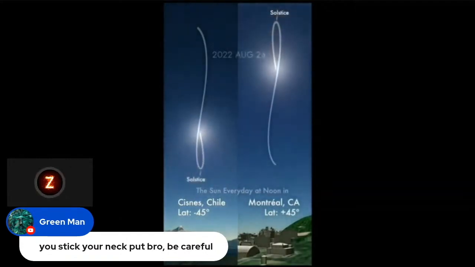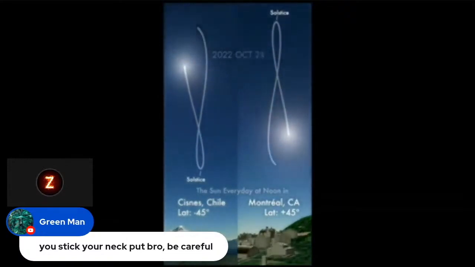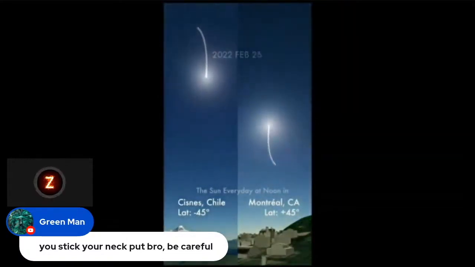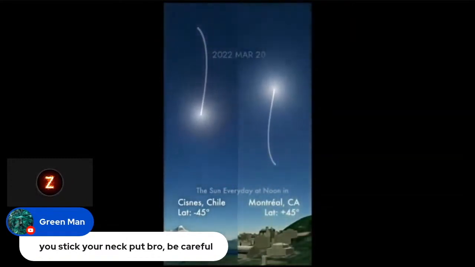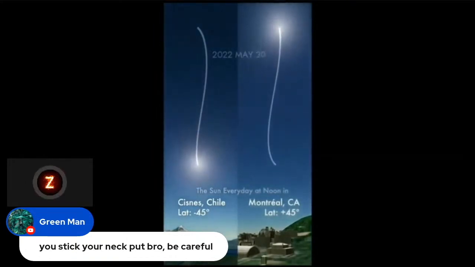Why is it inverted? You need to give me your theory, and then you tell me that, well, it's governed by the combined effects of not only the tilt, but the orbital eccentricity of our globe around the sun.